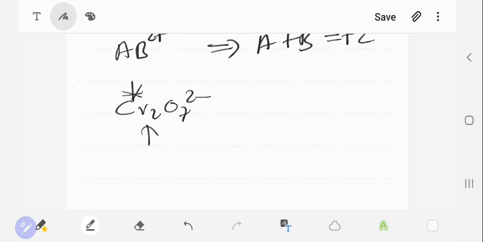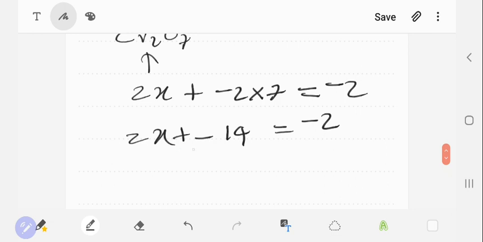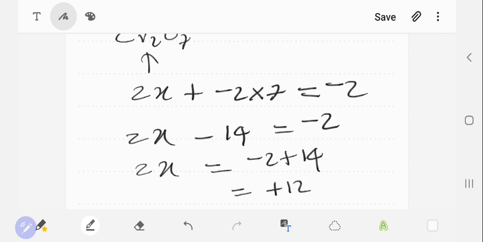We don't know, so 2x plus 7 times -2, since oxygen is always -2 except in peroxide and superoxide, equals -2. 2x minus 14 equals -2. 2x equals -2 plus 14, which is 12.